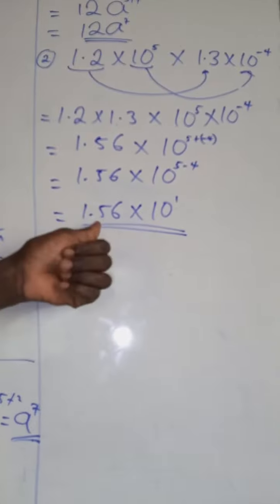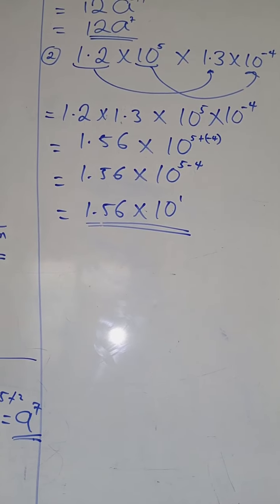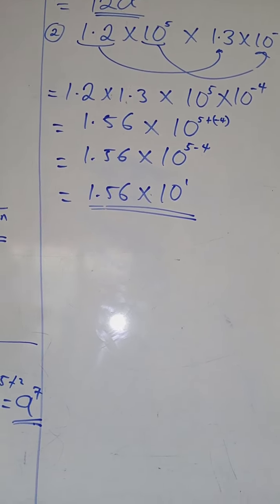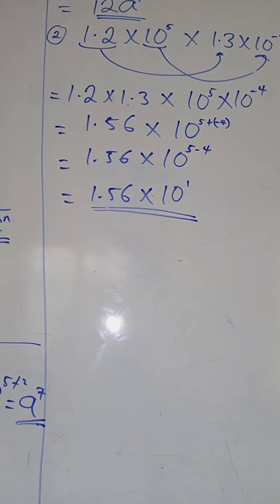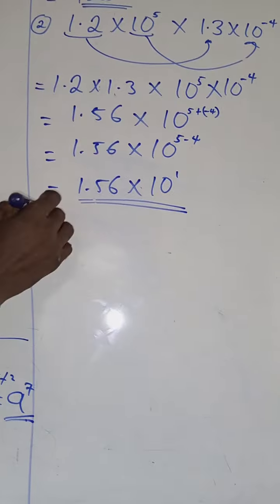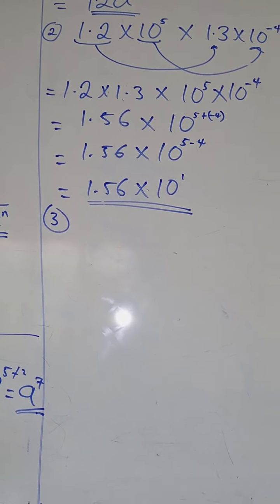But sometimes the answer will not give you standard form. If the answer did not give you standard form, it means you still have to convert it to standard form. So lastly, let me now go through this.